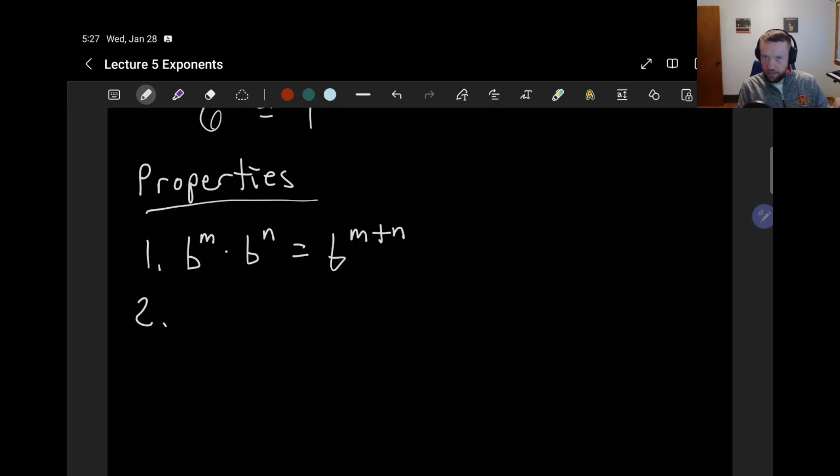So a single b, but now to the m plus n power. Now, that is addition, not multiplication. People can get that confused oftentimes.